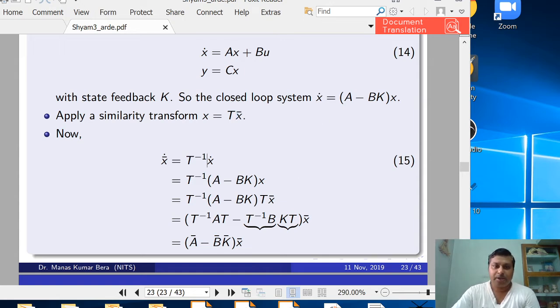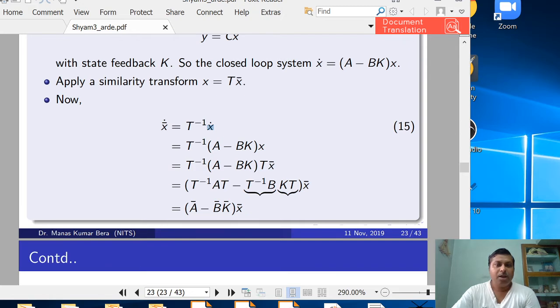We have substituted A minus BK into x in place of x dot, and now it is very clear that we are getting the closed loop representation in the transform domain. This will be A bar, that is T inverse AT. T inverse B will be B bar, and very interestingly we are getting KT, which is actually K bar. Then as usual it will be x bar.